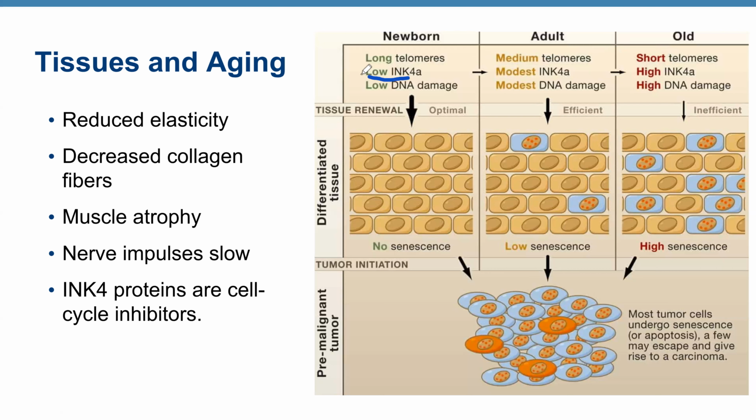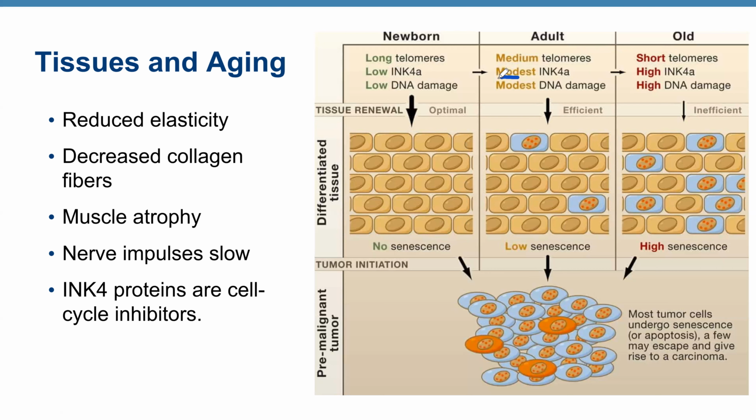Now look, in a newborn, we have low INK4A protein, and those are cell cycle inhibitors. So we do not inhibit the cell cycle, and cells divide and replace the damaged cells.